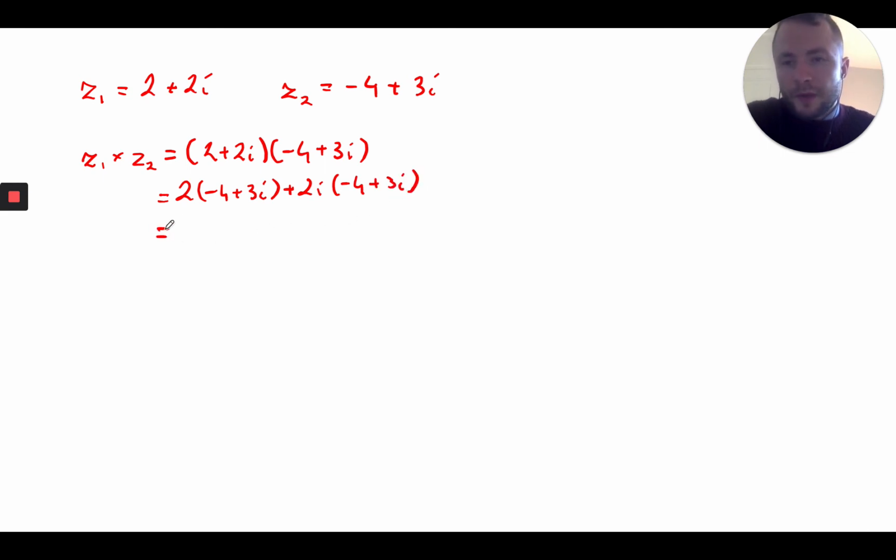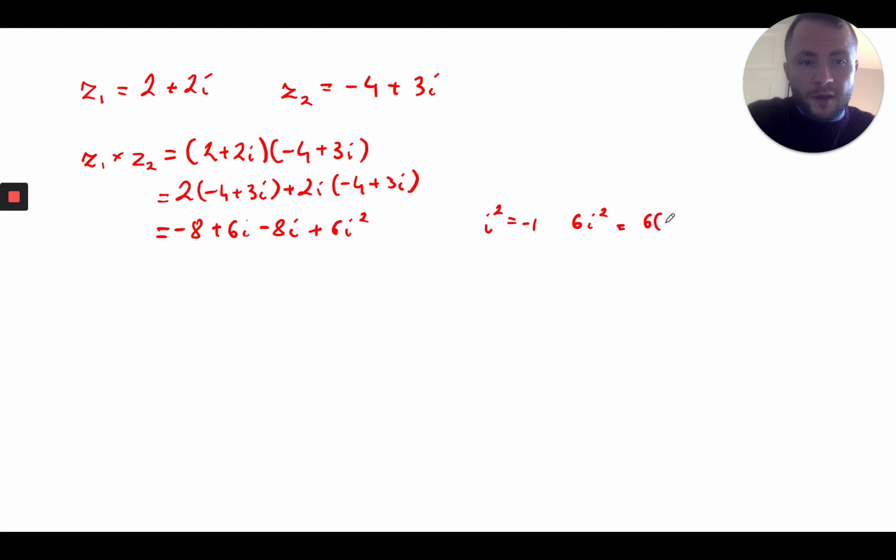If I do the multiplication, I'm going to end up with minus 8 plus 6i minus 8i plus 2i times 3i, which is plus 2 times 3 is 6, i times i is plus 6i squared. I remember that i squared is equal to minus 1, and 6i squared equals 6 multiplied by minus 1, which is equal to minus 6.